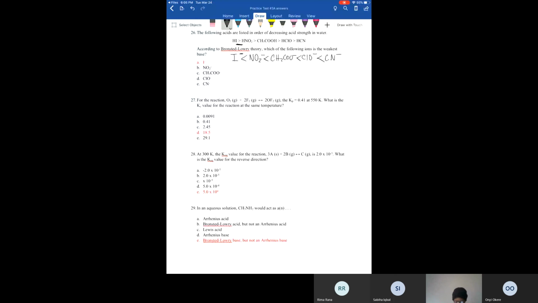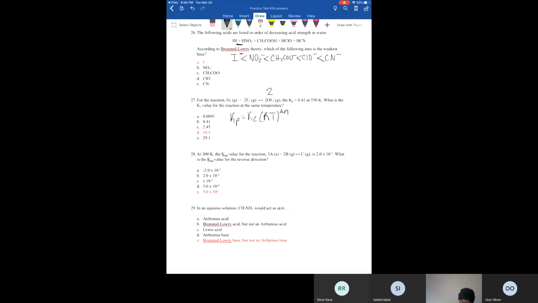I remember: Kp equals Kc times RT to the change in moles. Be aware of the phases. You have all gases, so you're all good. You have 2 moles of gas on the product side and 3 on the reactant side.